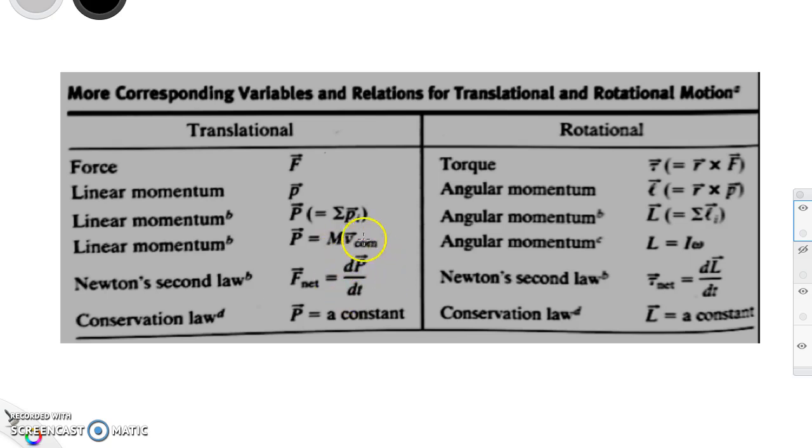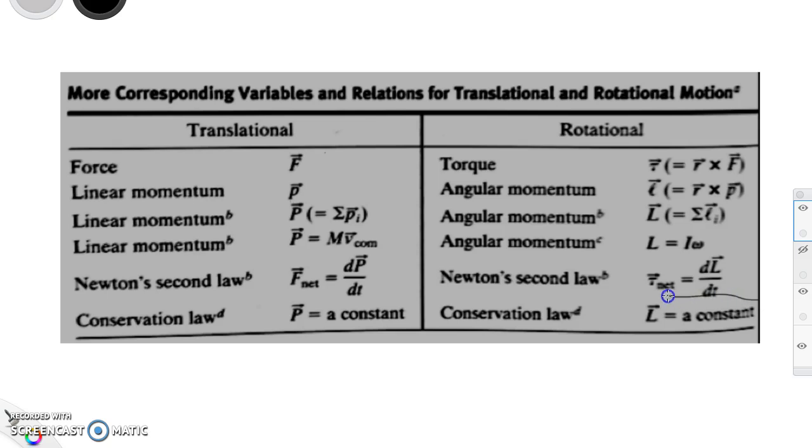Force is the rate of change of linear momentum. Torque is the rate of change of angular momentum. And now we have this last piece here, and this is probably the really significant piece. The total momentum of a system is constant. For angular momentum, the total angular momentum of the system is constant.